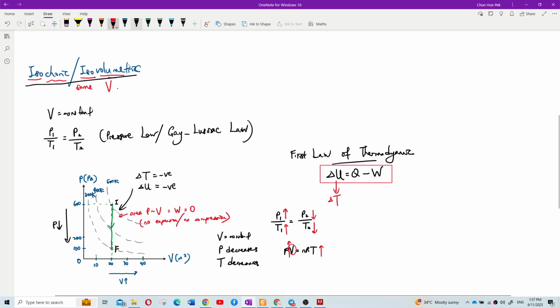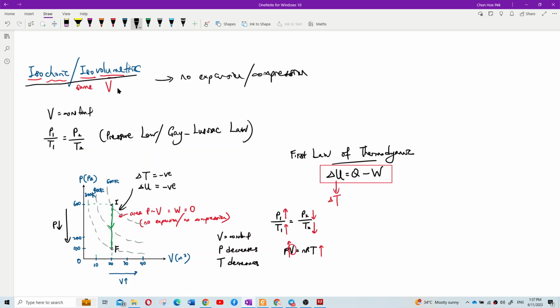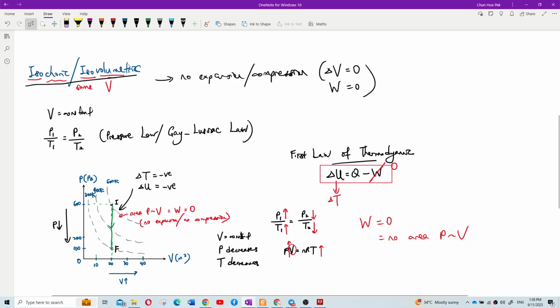That means no expansion or compression. Delta V, the change of volume, is zero. It means work done is zero, because there is no area under the PV graph. Very easy, class. No work done.